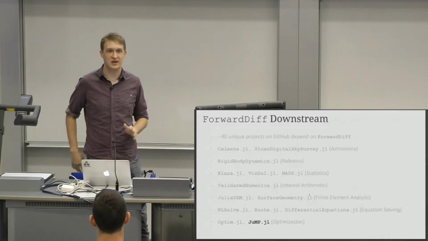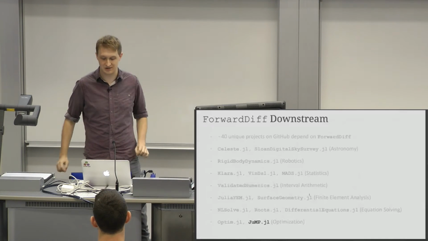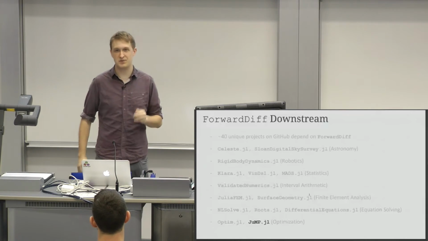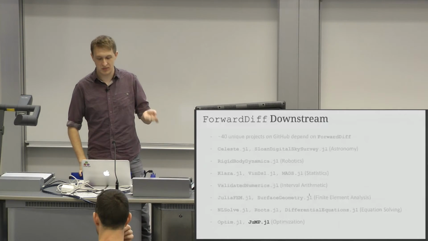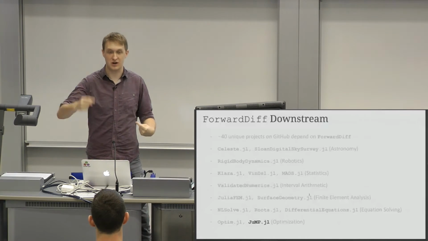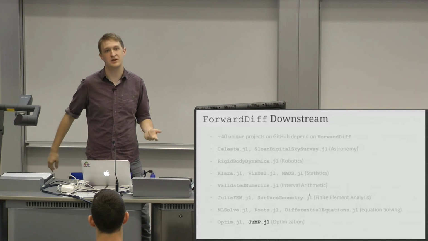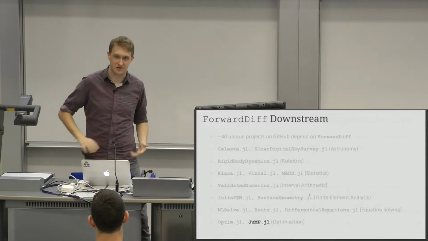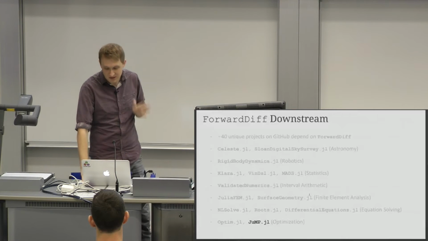If you're doing any type of optimization work, I highly recommend you check out this package. The reason I call it out specifically in this talk is because it uses ForwardDiff to compute the gradients of low-dimensional user-defined functions that you can inject into JuMP syntax, which is pretty nice.